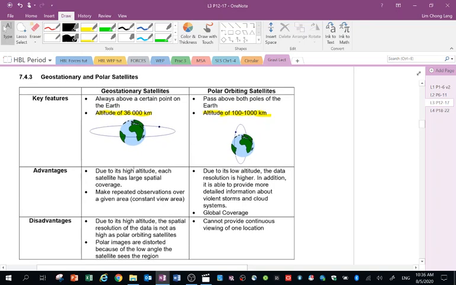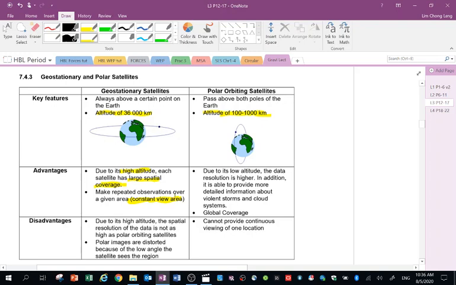Since it is at a high altitude, it's able to view a large area of the earth. That is the advantage, and it is always constantly above a certain point on the earth's surface as the earth rotates, so it has a constant view of that particular area.